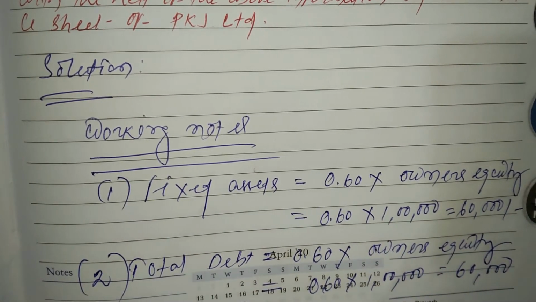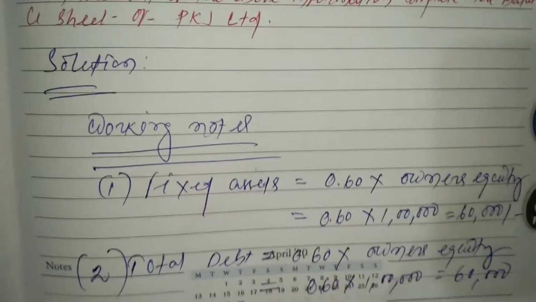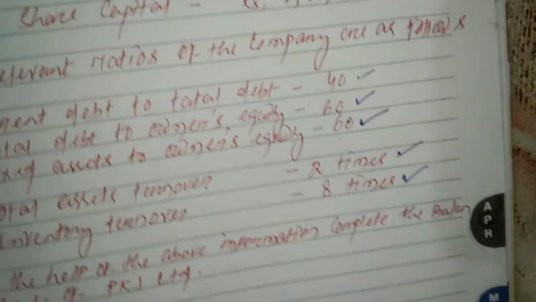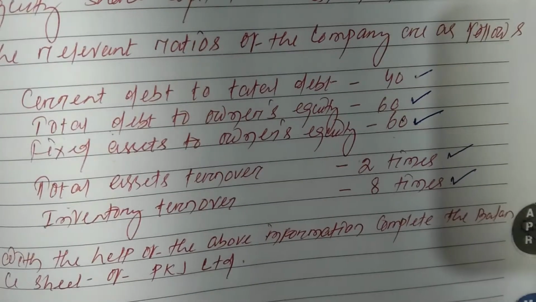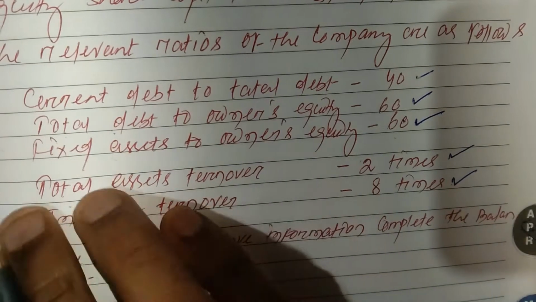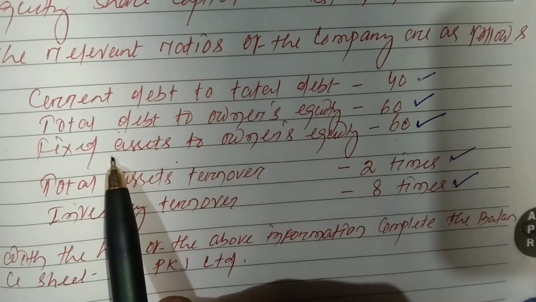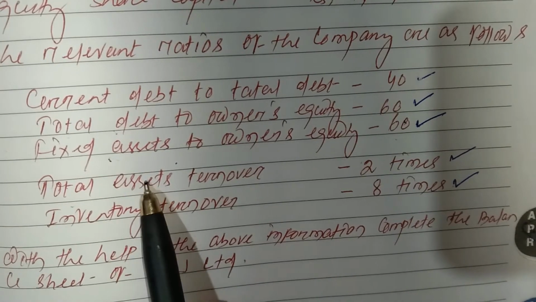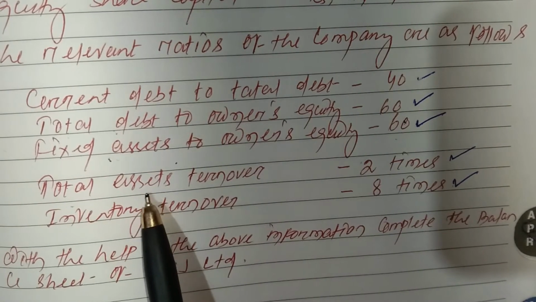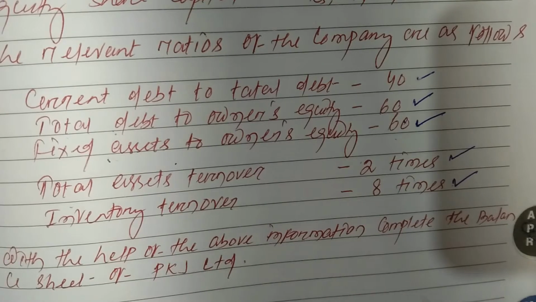Now here see, total asset is not given, fixed asset is given, and total asset turnover is given.